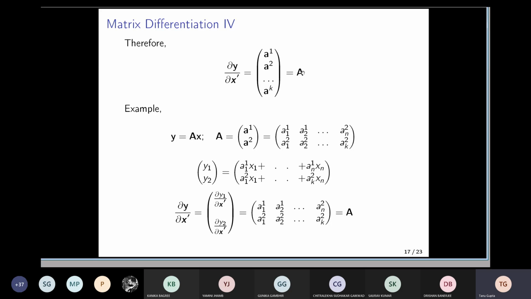If it is not clear, let's take this example. Suppose y is equal to Ax.